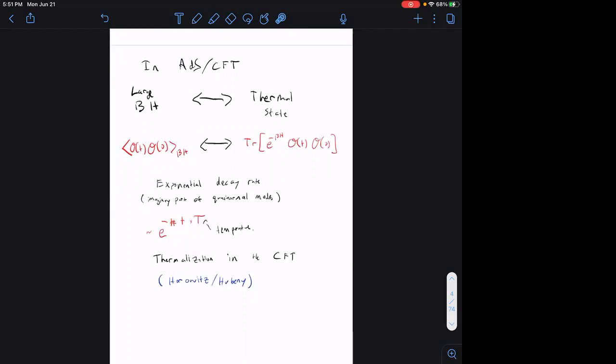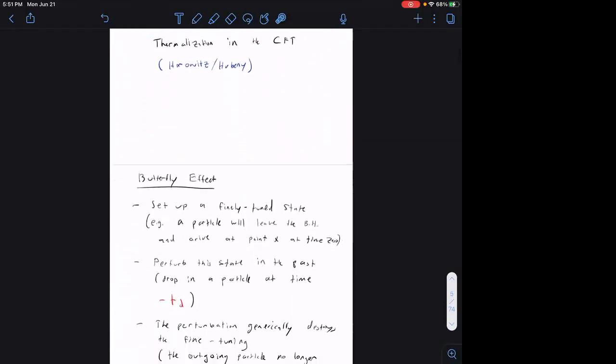In AdS/CFT, a large AdS black hole is dual in the boundary to a thermal state. And so this 2-point function of fields outside the black hole is a conventional thermal correlation function. This was studied by Gary Horowitz and Veronika Hubeny, the organizer here, and they made a lot of this precise and talked about the rapid exponential decay to equilibrium.